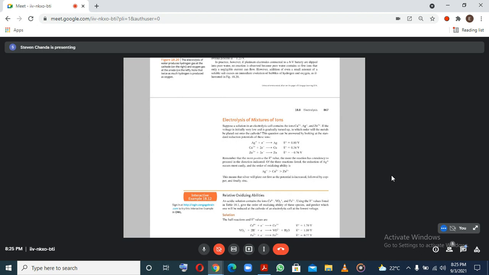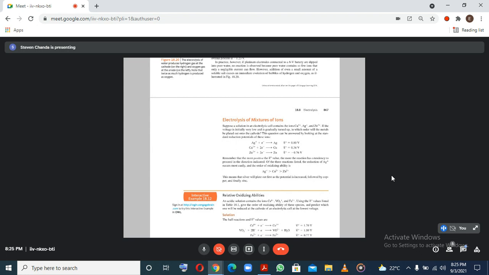So basically what they are saying is which one is easily reduced and which one will be reduced at the cathode at the lowest voltage. So something that can be reduced at the lowest voltage in an electrolytic cell, we are basically saying this is something which is easily reduced. Which one is easily reduced? You look at the standard cell potential. Okay?